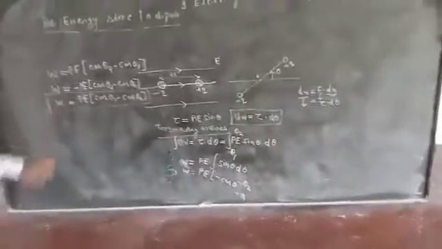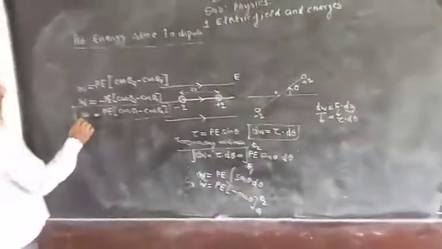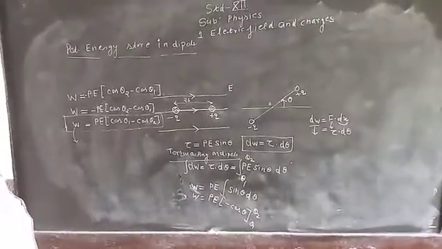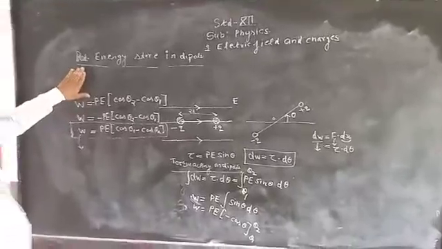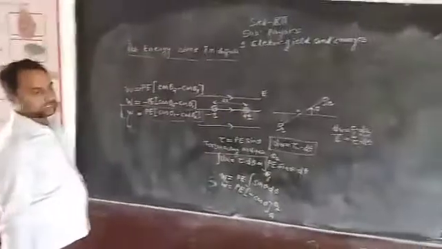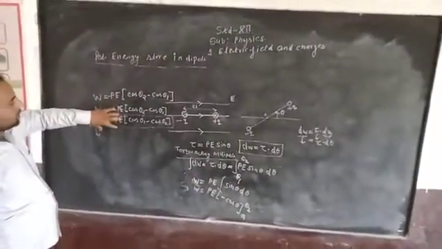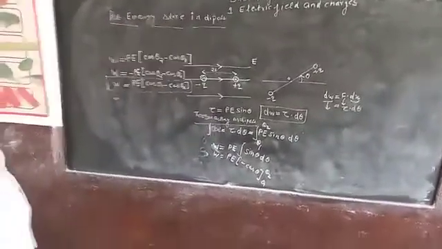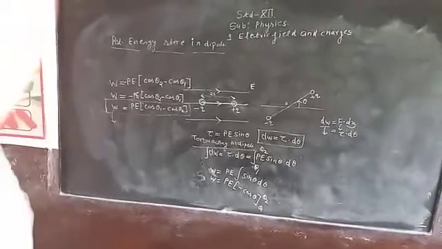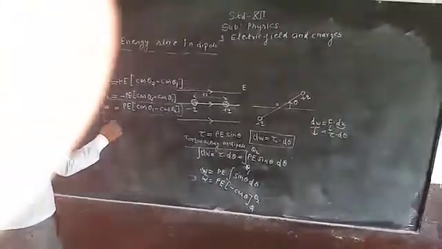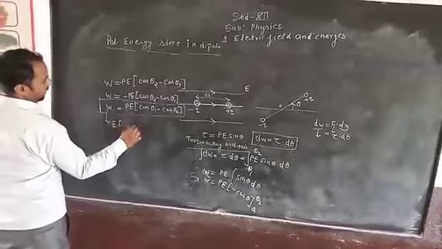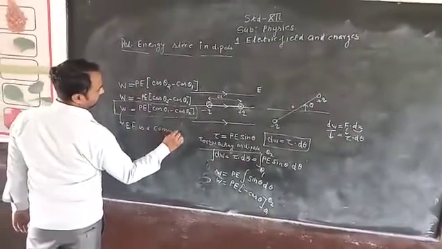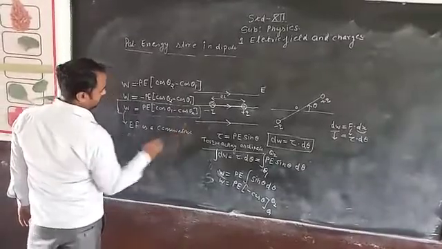So here we see that this work is stored in the form of potential energy, because this is a conservative force field. Hence we say that all the work stored in the dipole is in the form of potential energy, because the electric field is a conservative force.